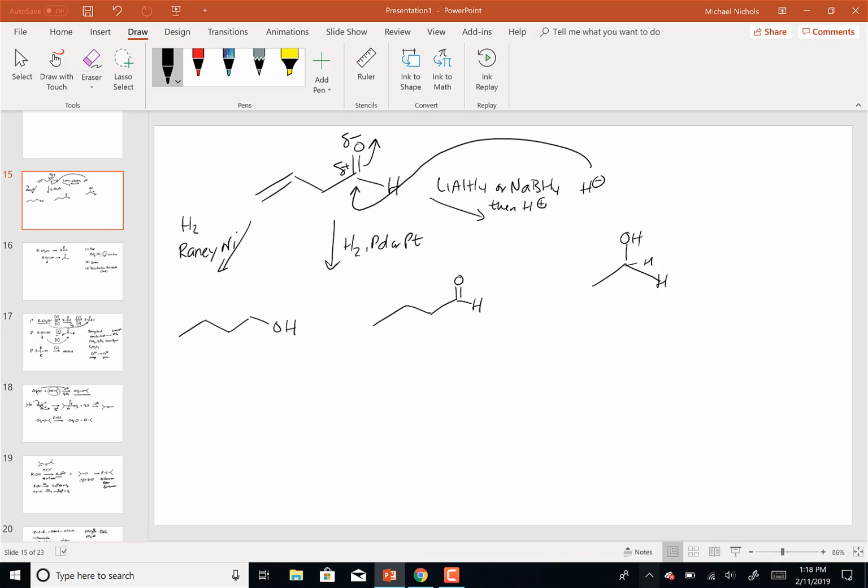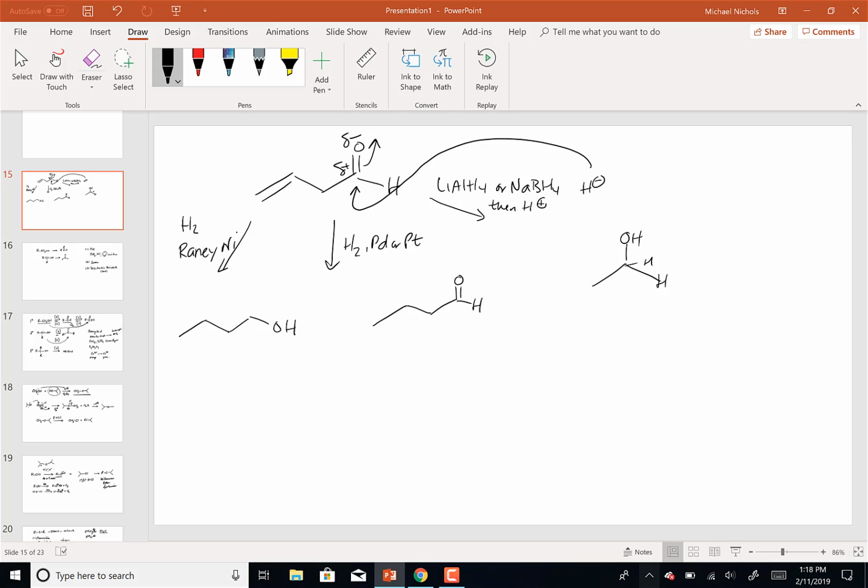So that means in a CO double bond, that carbon is electrophilic. And what's an H minus? It's a nucleophile. So what's a double bond? Electrophile or nucleophile? A CC double bond. A nucleophile? Why?